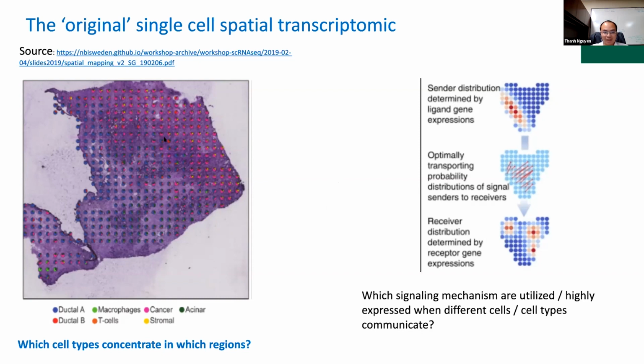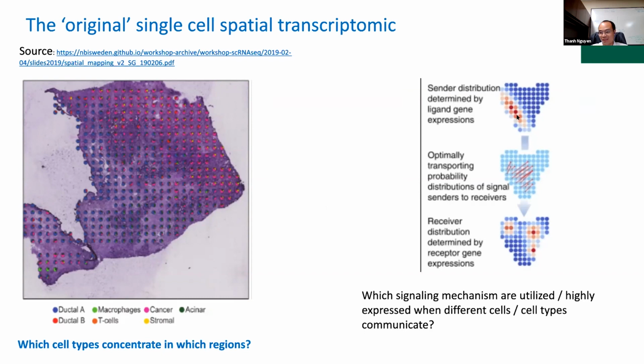But after we get all of those things done, analyzing single cell and analyzing the staining image, we can see at least three things. Number one is the distributions of the likely location of certain cell types, the ligand.